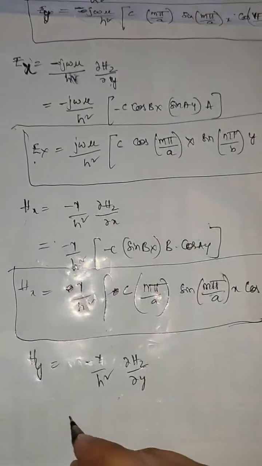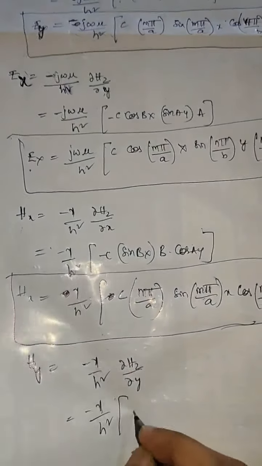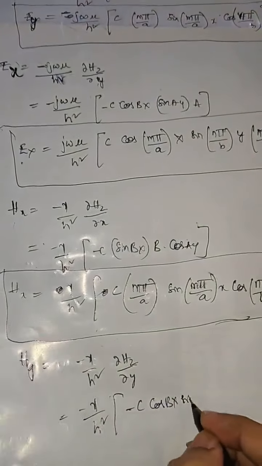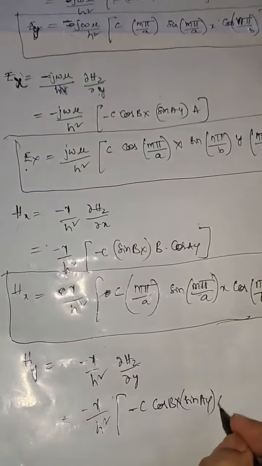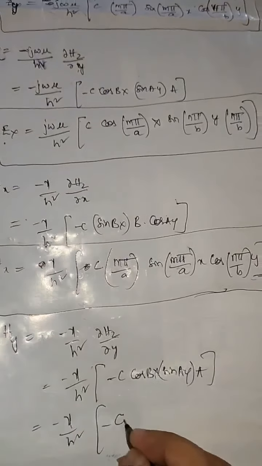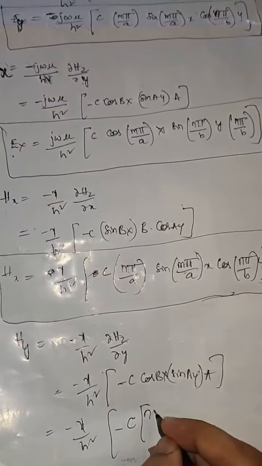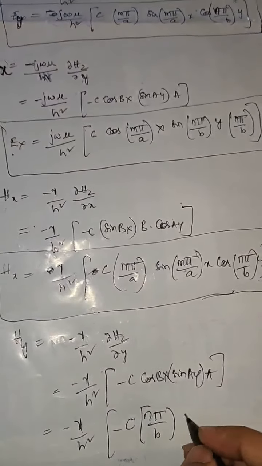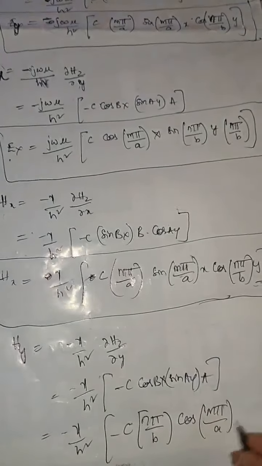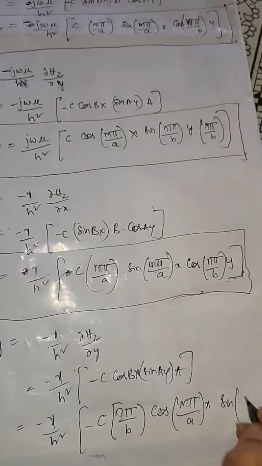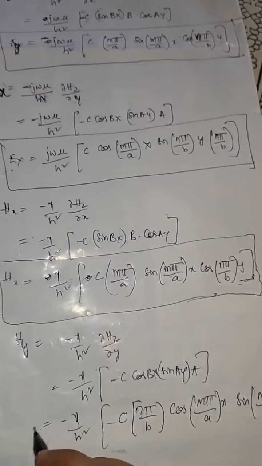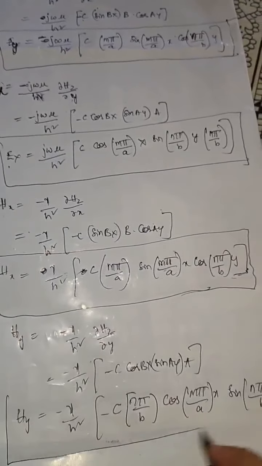Directly I am writing here: minus gamma by h square, minus c, minus cos bx sin ay multiplied with a. I am substituting the a and b values. c multiplied with a is nothing but n pi by b cos of bx, and b is m pi by a x, sin of a is n pi by b y. So this is the equation for Hy.